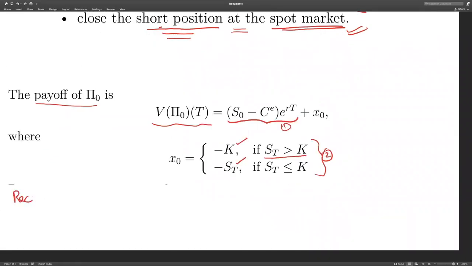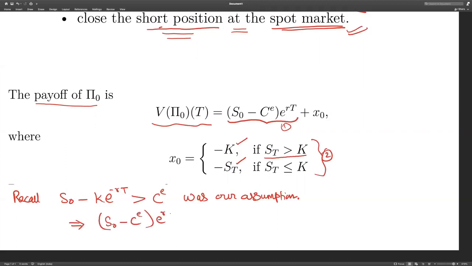Recall, we have assumed that S naught minus K e power minus rT is greater than CE. That means S naught minus CE into e power rT is greater than K. That is what this implies.